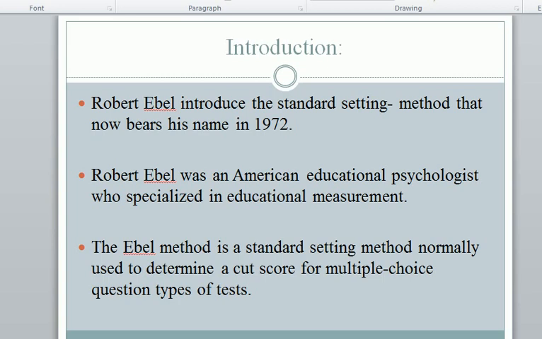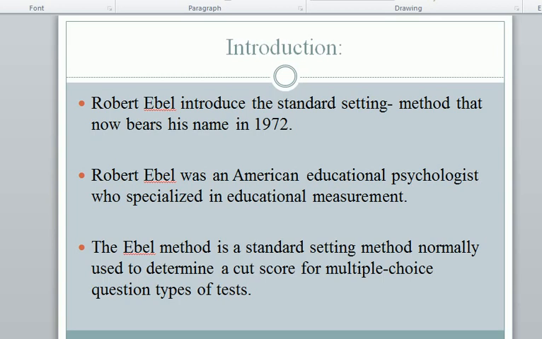Dear students, first of all, I will introduce the method of Ebel. This is the method which was introduced by Robert Ebel. He was a well-known assessment expert.